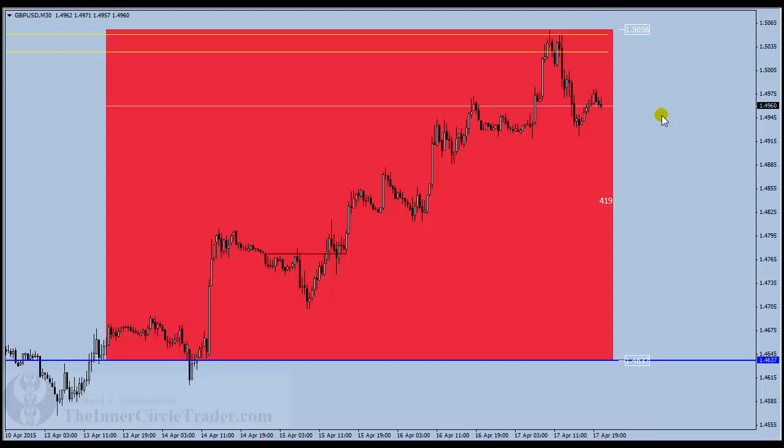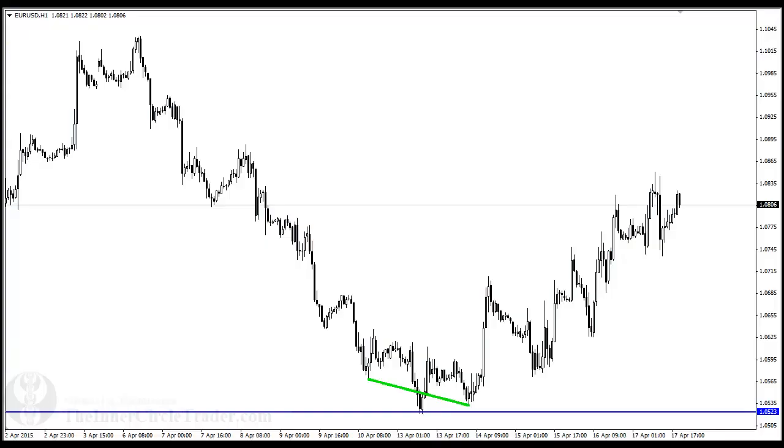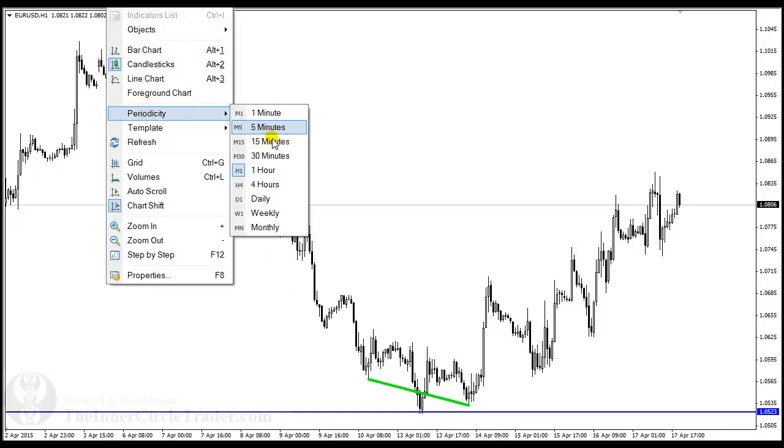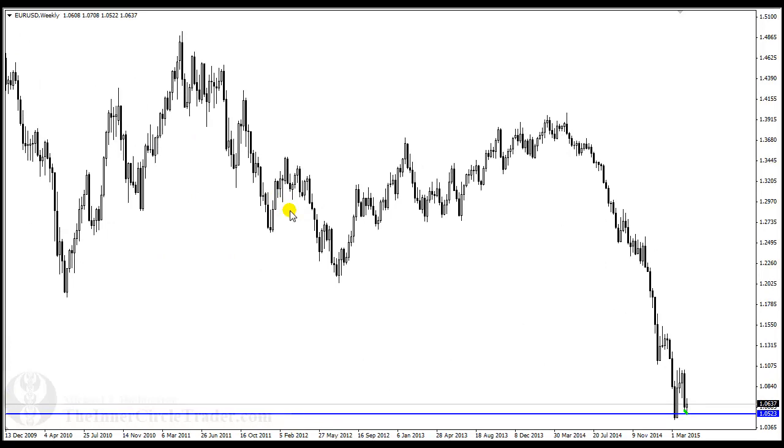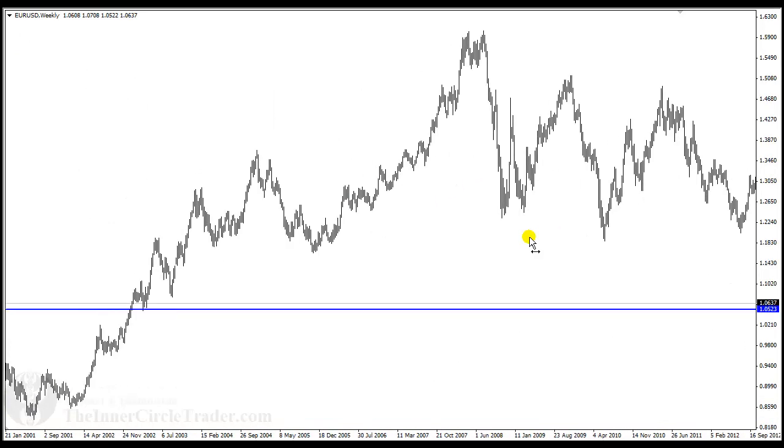Now, when we have the idea of looking at price with an idea of accumulation underway, we have a low here in the euro. And actually, let's go out to a weekly just to build some understanding of why this would even be suggested.